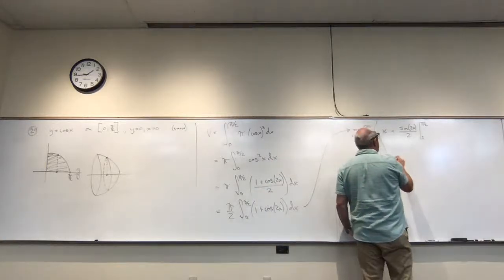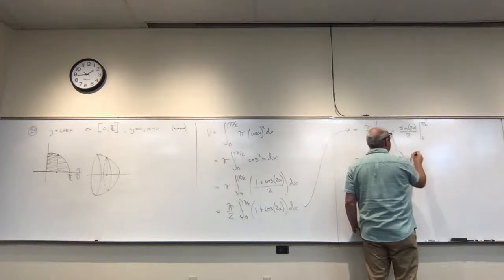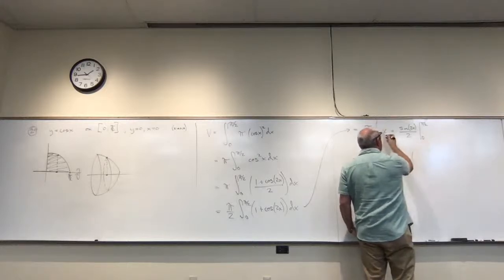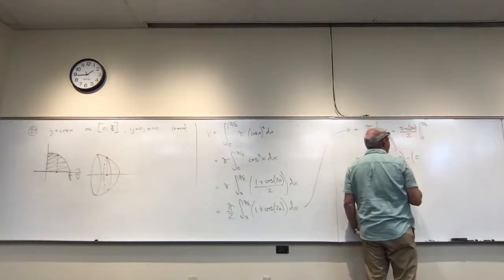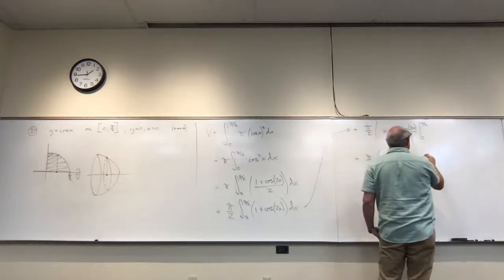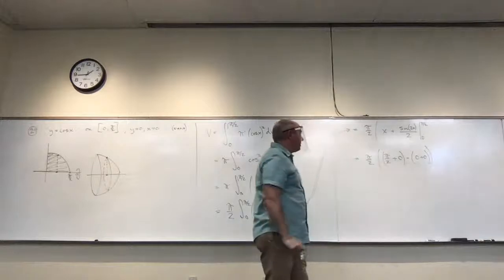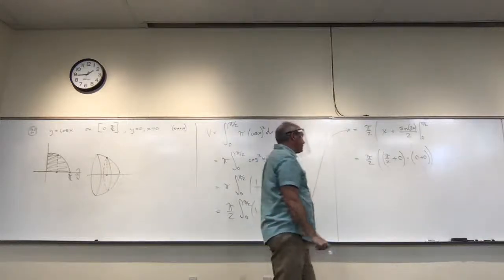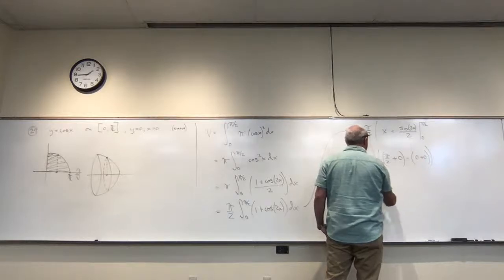So this is plus 0. Then I plug in 0. So I subtract, plugging in 0. x is 0. Sine of 0 is what? 0. Yeah, so plus 0. So that's it. We end up with all we have is pi over 2 times pi over 2. So that, I guess, is pi squared over 4. And we're done.